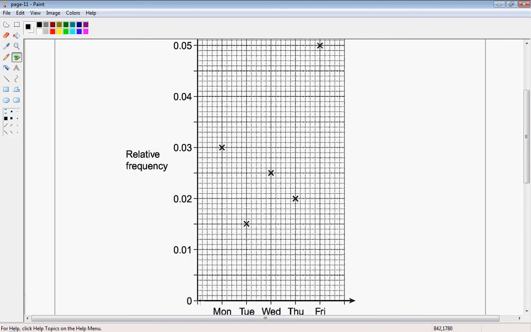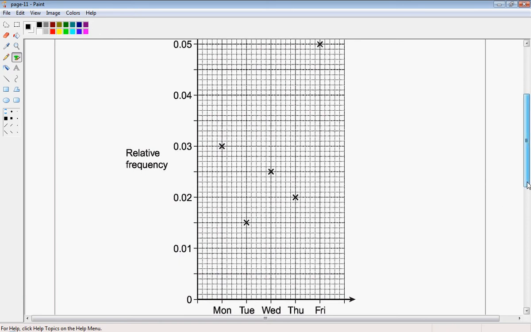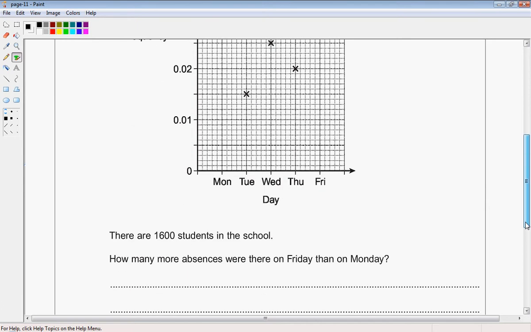And again, I can't emphasize this enough, when you're reading a graph, make sure you understand what all these little digits or little squares are and what they represent. Okay, so the question asks, there are 1,600 students in the school. How many more absences were there on Friday than on Monday?